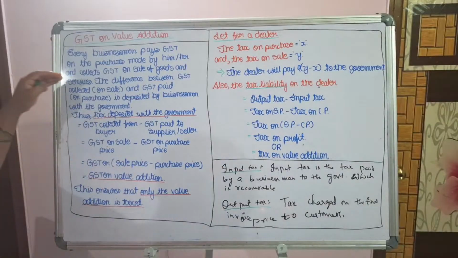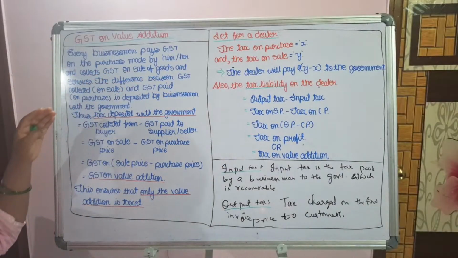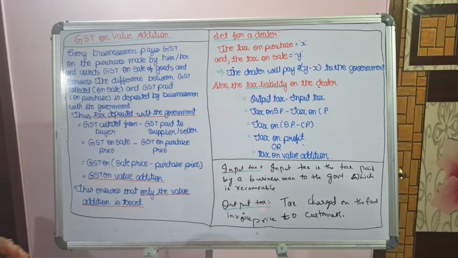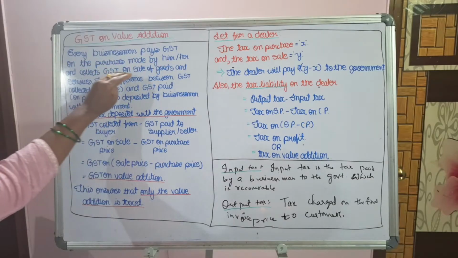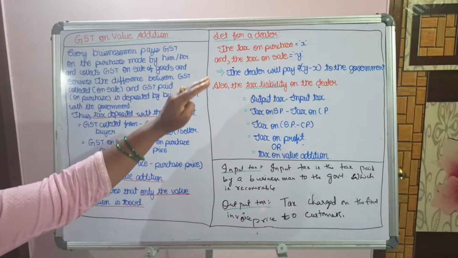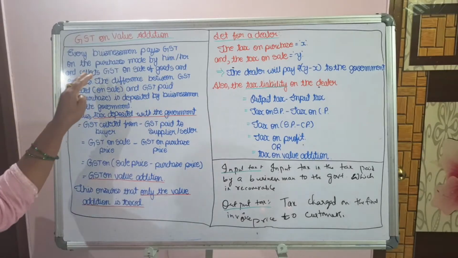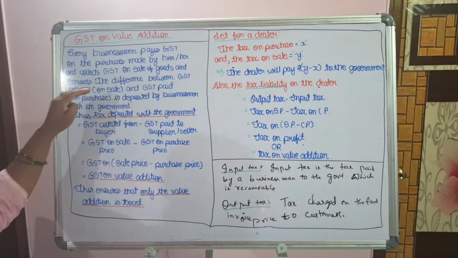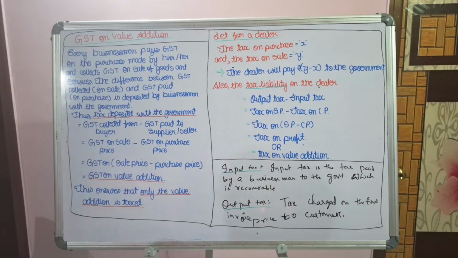That means every businessman pays GST on his purchases, which is an input tax, and collects GST on sales of goods and services, that is output tax.